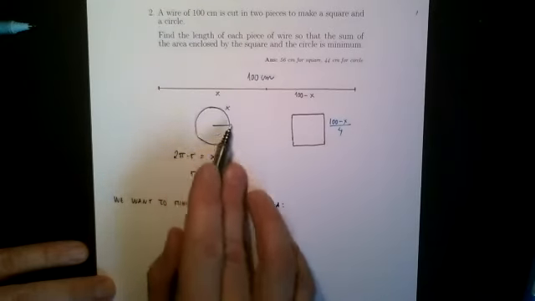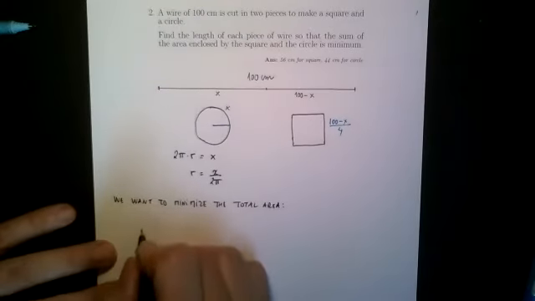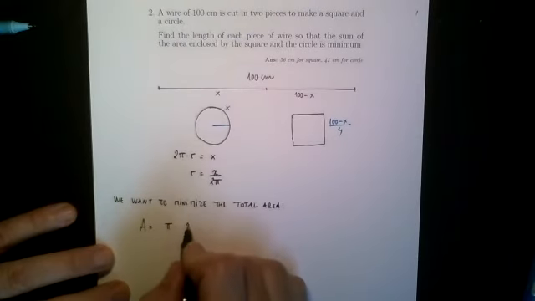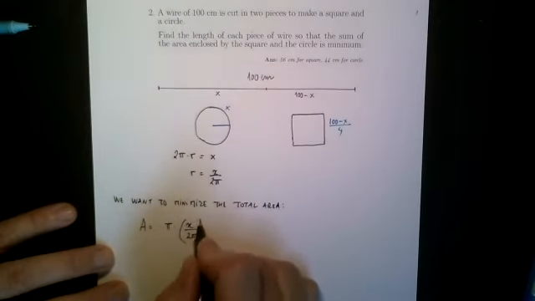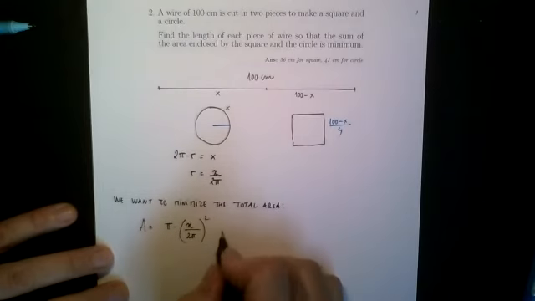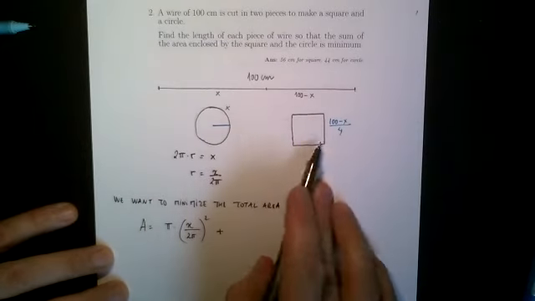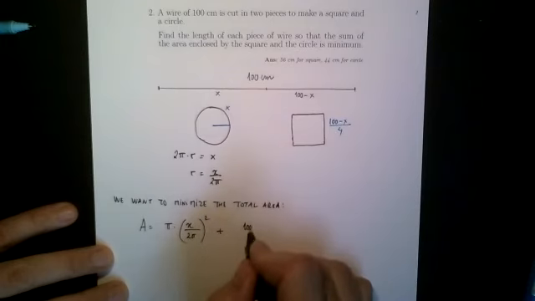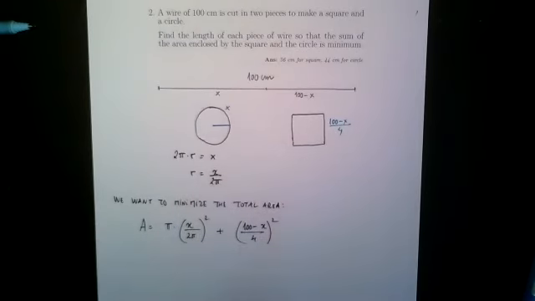The total area is the area of the disk, which is pi times the radius, x over 2 pi, squared, plus the area of the square, which is side squared. So 100 minus x over 4 squared.